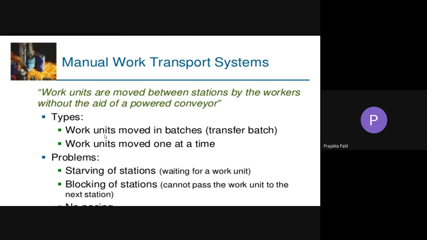It is a situation in which the assembly operator has completed the task of assembling on the current work unit, but the next unit has not yet arrived at the station. So the worker has completed his task and sent the unit to the downstream station, but he's not getting any new work unit coming in. So the worker is starved of work.